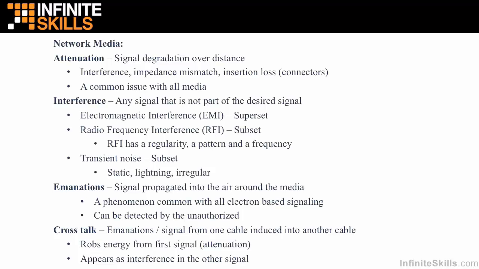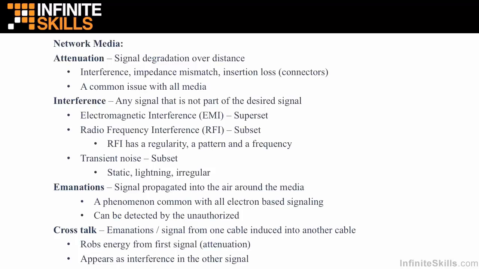And then we have another subset that is more of a transient noise, a very irregular, staticky, no pattern, no regularity to the electromagnetic interference. So things like a lightning strike, or perhaps we turn on a fan that uses an electric motor and that fan induces some sort of static into our electrical system. This would be a type of transient noise.